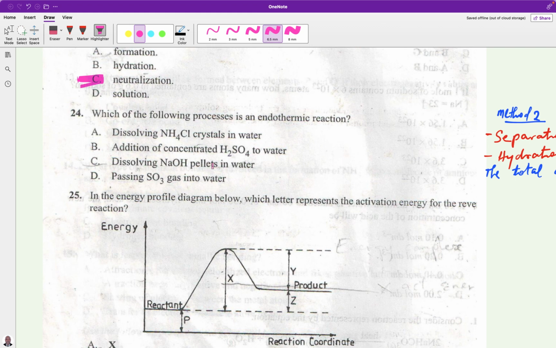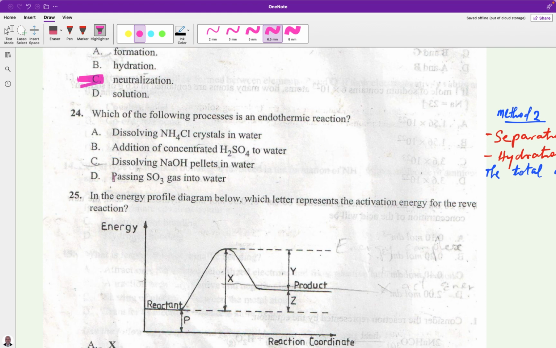If you don't have a thermometer to measure it, you will notice it by feeling the walls of the volumetric flask or the glass beaker are hot, indicating that heat has been released. So where heat is being released, it is an exothermic reaction. So C is out of question.